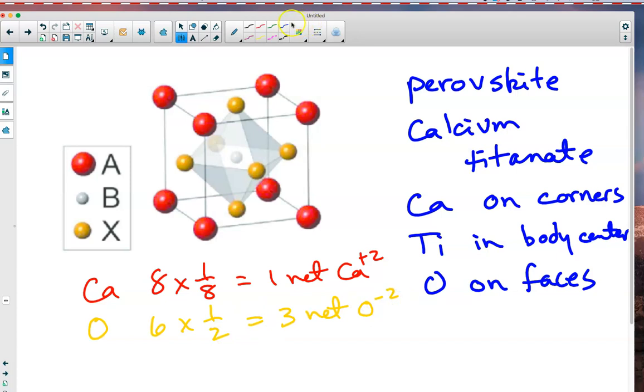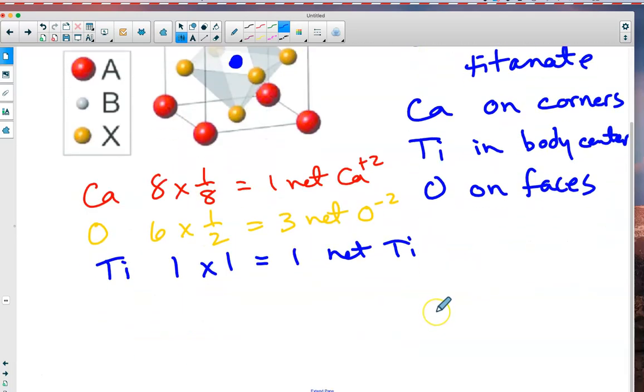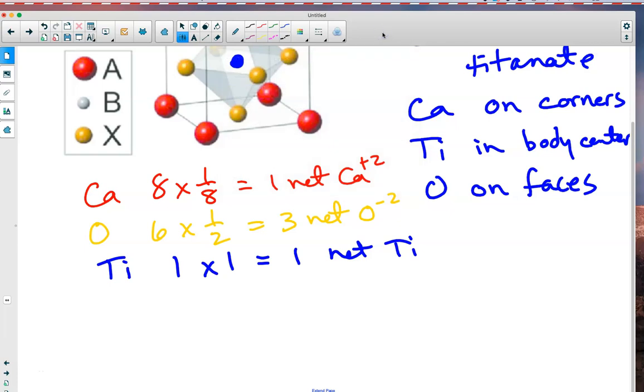And then my titanium is the one that's kind of hard to see, but it's there in the very center. So that's 1 of those, and it contributes its entire volume to give me 1 net titanium. And titanium is a transition metal, so it can have multiple charges when it forms an ion.